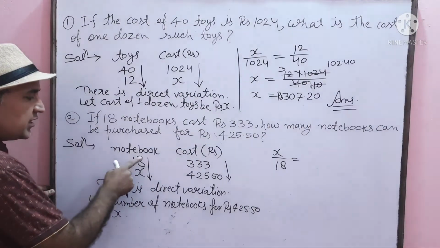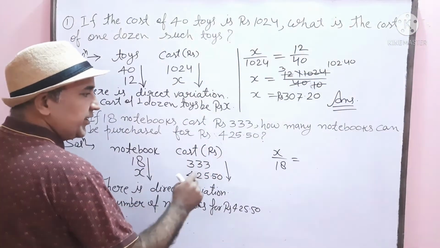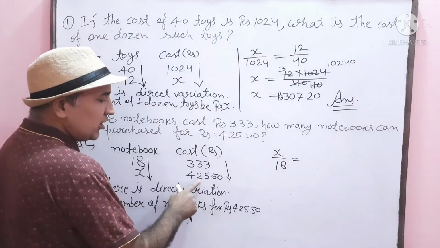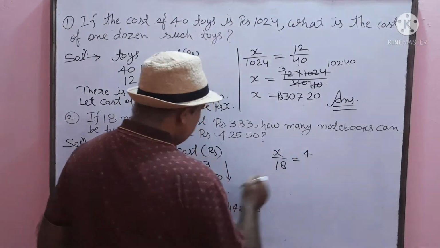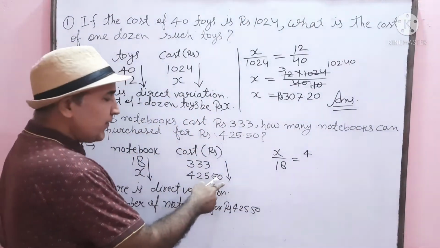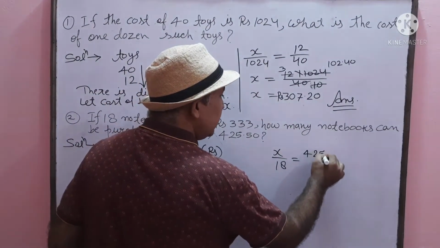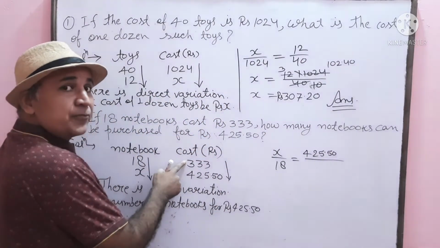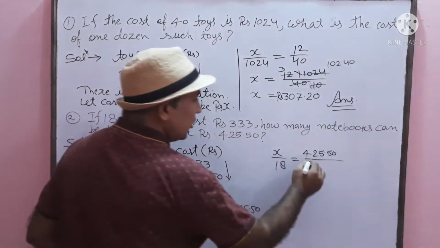The number which is in the direction of the tail, make it denominator. Then put the equal sign, and do the same on the other side.